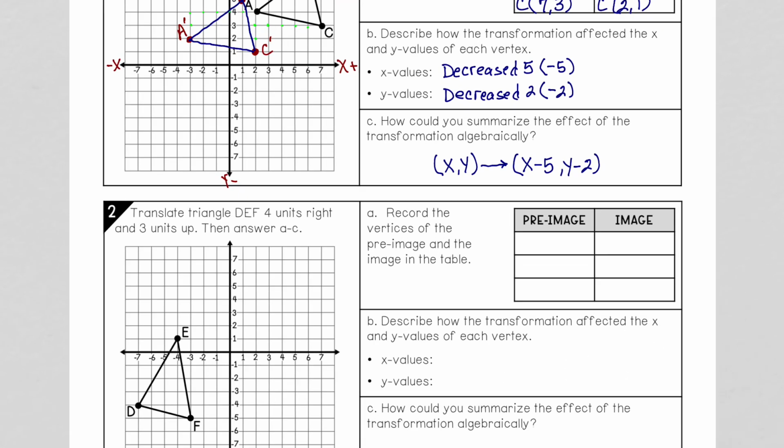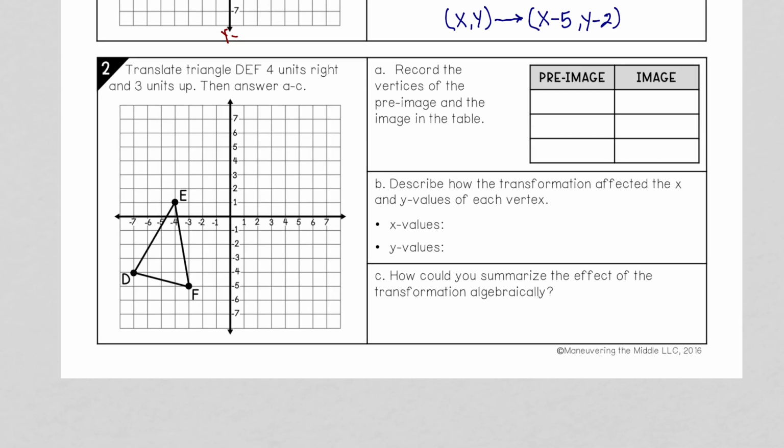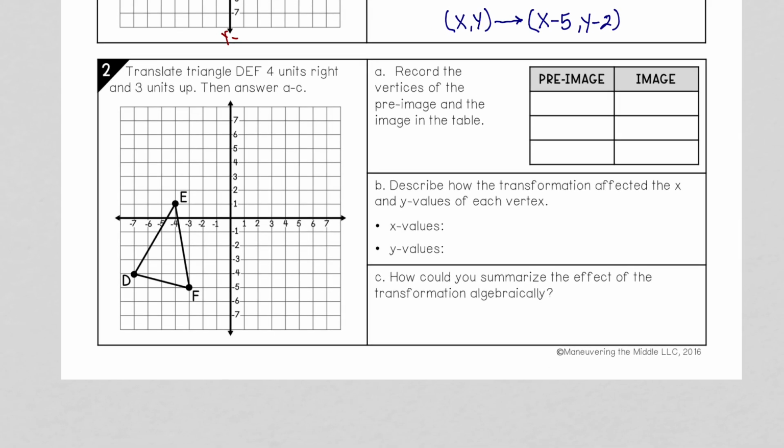Okay, let's look at the next translation. So this one tells us that we need to go 4 units right, 3 units up.